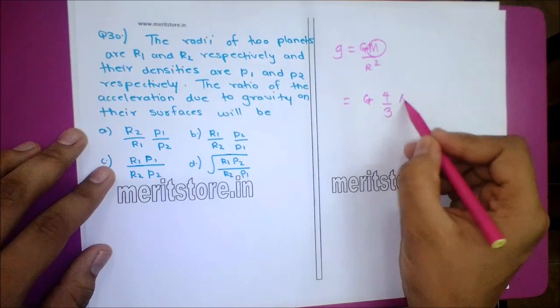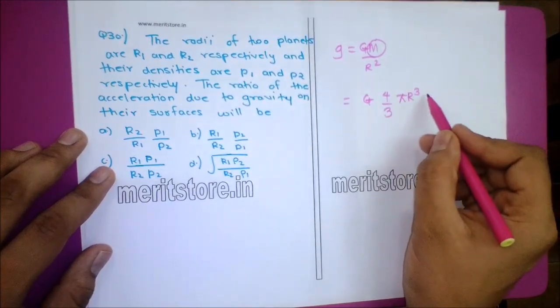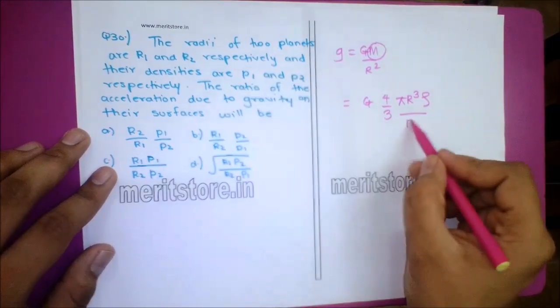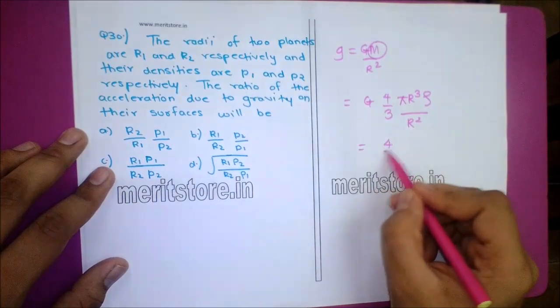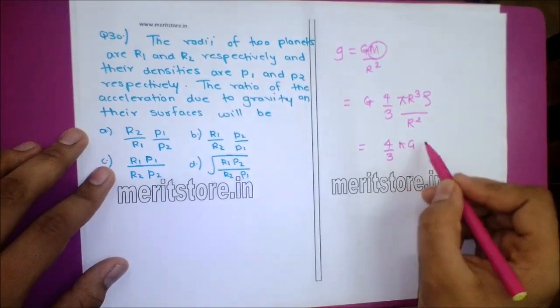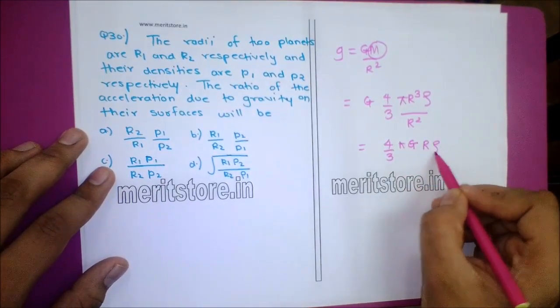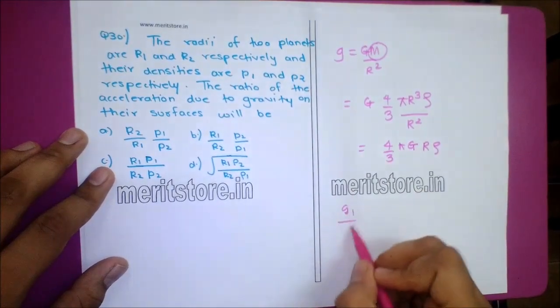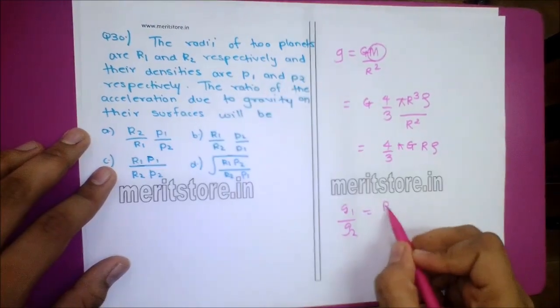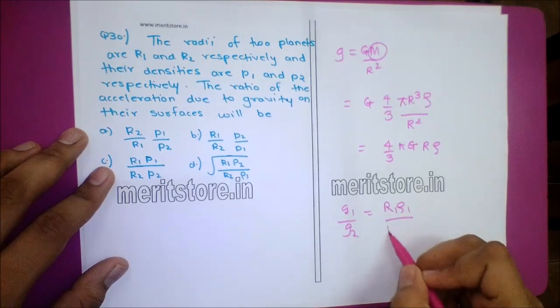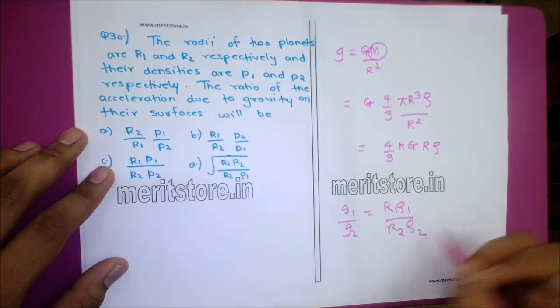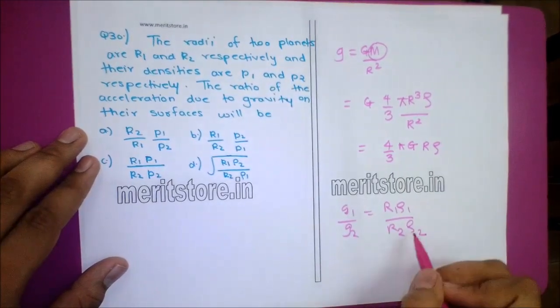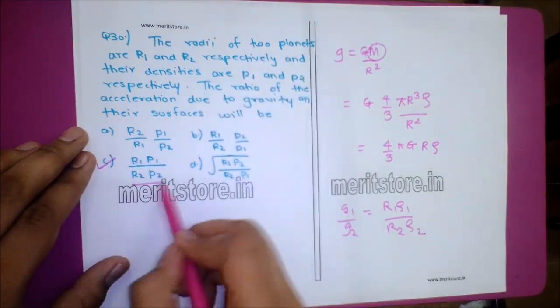So 4 upon 3 pi r cube rho upon r square, which on solving we get 4 upon 3 pi G r rho. So g1 upon g2 is equal to R1 rho 1 upon R2 rho 2. So option C is the correct answer.